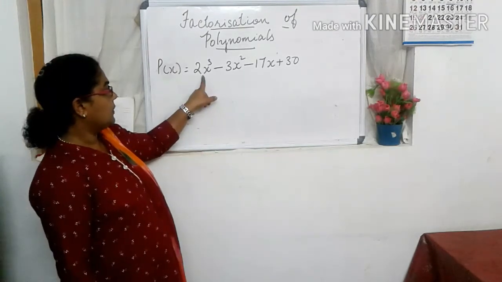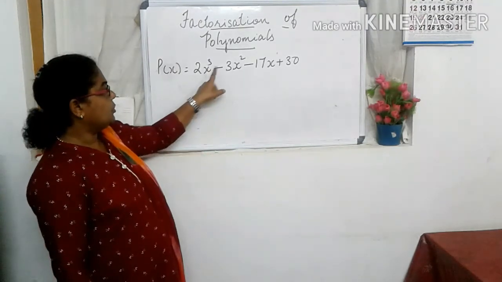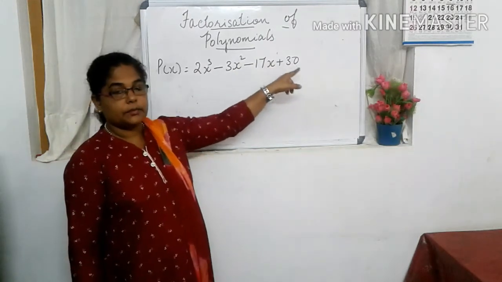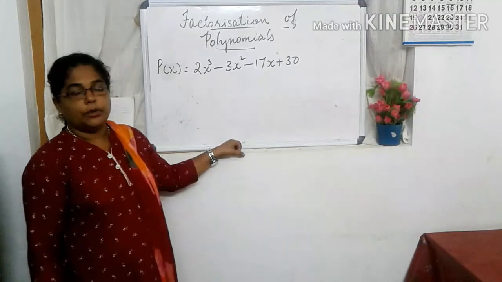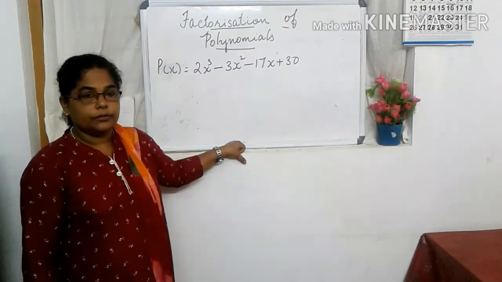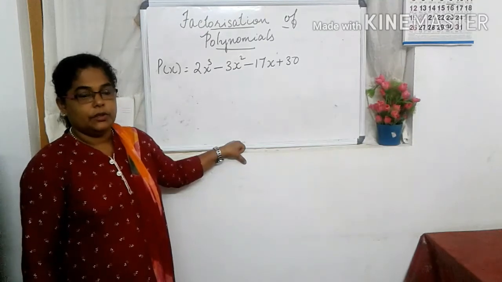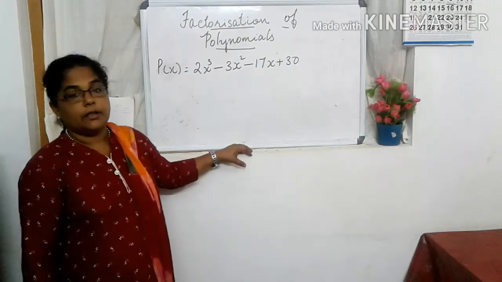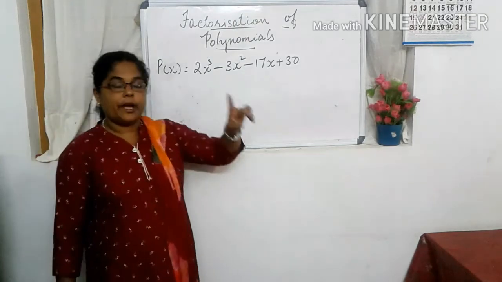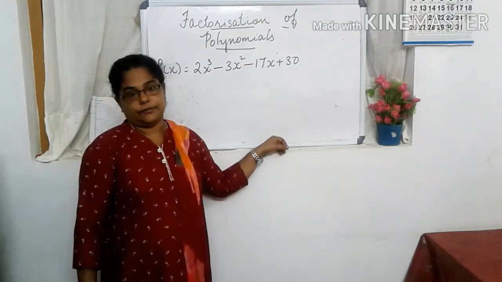But here, 2x cube minus 3x square minus 17x plus 30, a cubic polynomial, cannot be factorized by the method of splitting the middle term. So we have to find g of x first, which means we have to find one factor of this p of x.